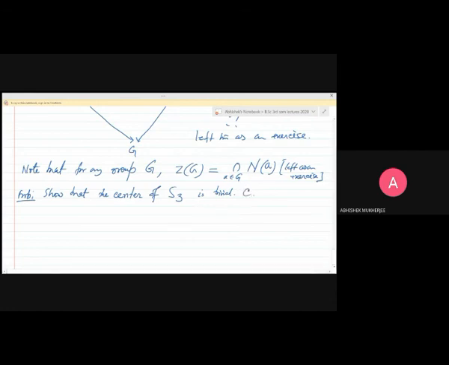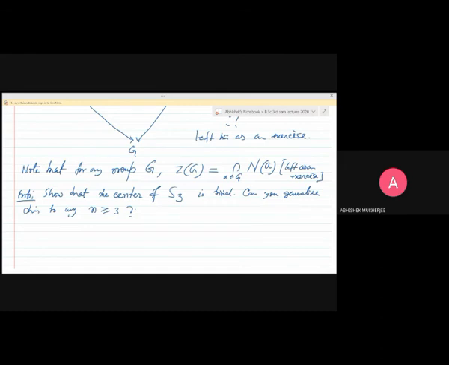Can you generalize this to any n which is greater or equal to 3? Is it true for any n greater or equal to 3 that the center of Sn is the identity?